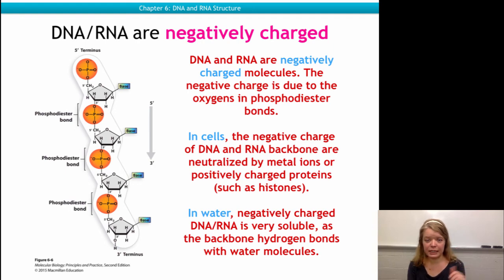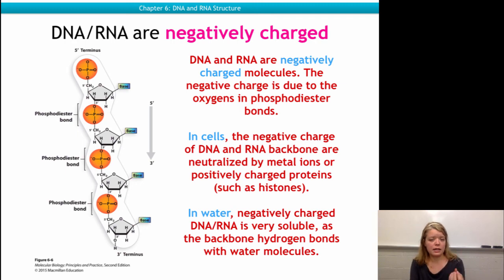The double helix can be broken down into single strands easily because the double helix is only held together by hydrogen bonds. So if you heat or change the pH of the solution, you will be able to pull apart the two strands.